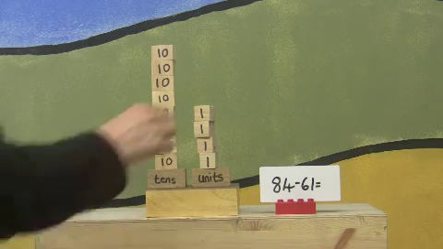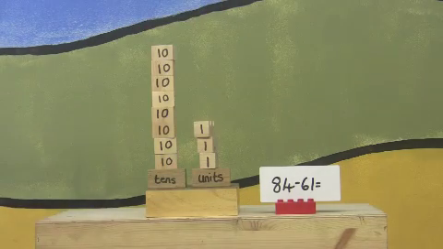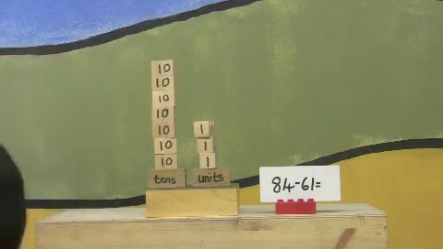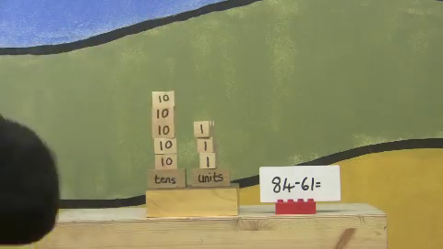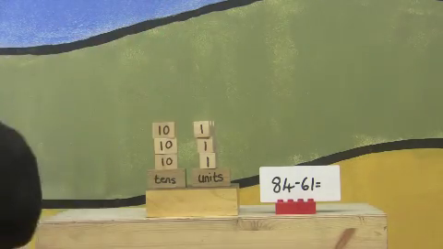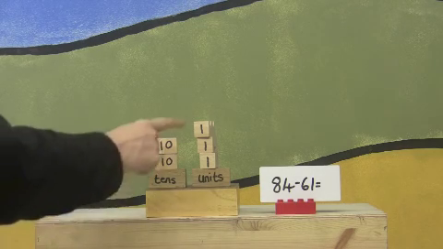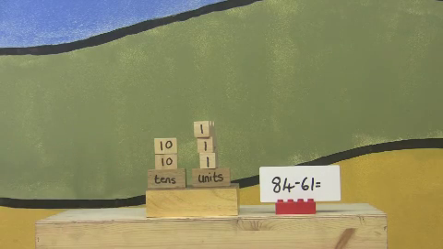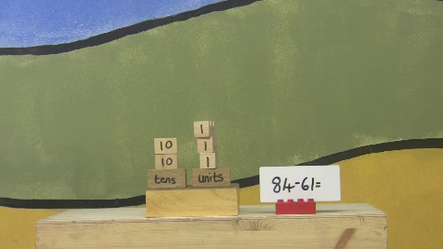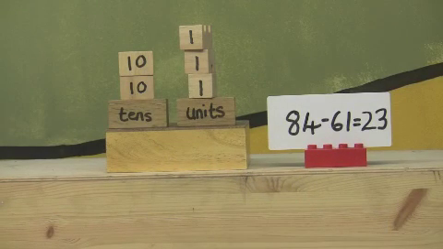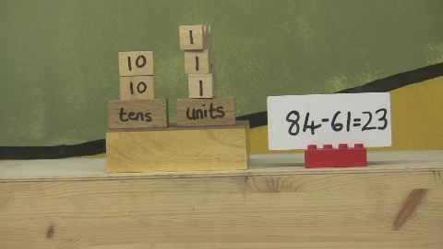Units first. 4 take away 1 is 3. Now to the tens. 8 take away 6 leaves us with 2 tens. 2 tens and 3 units, which is 23. 84 take away 61 is 23.